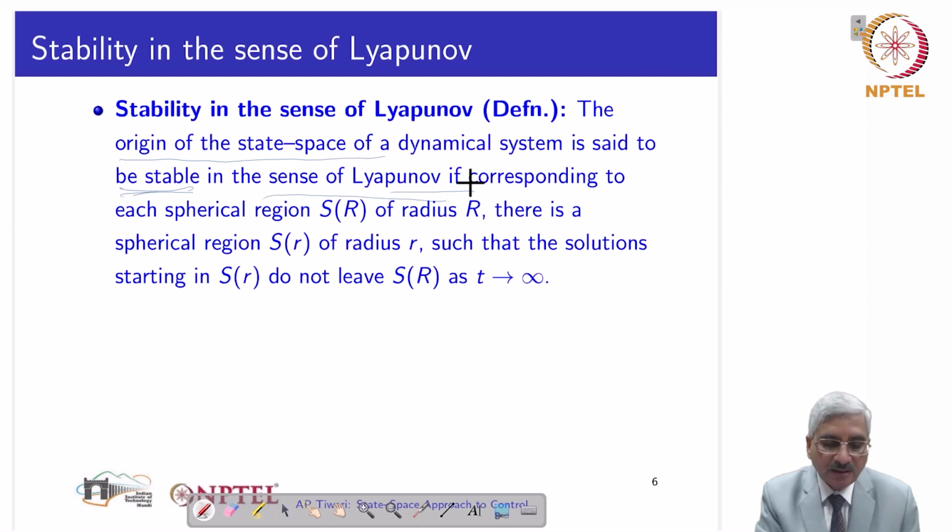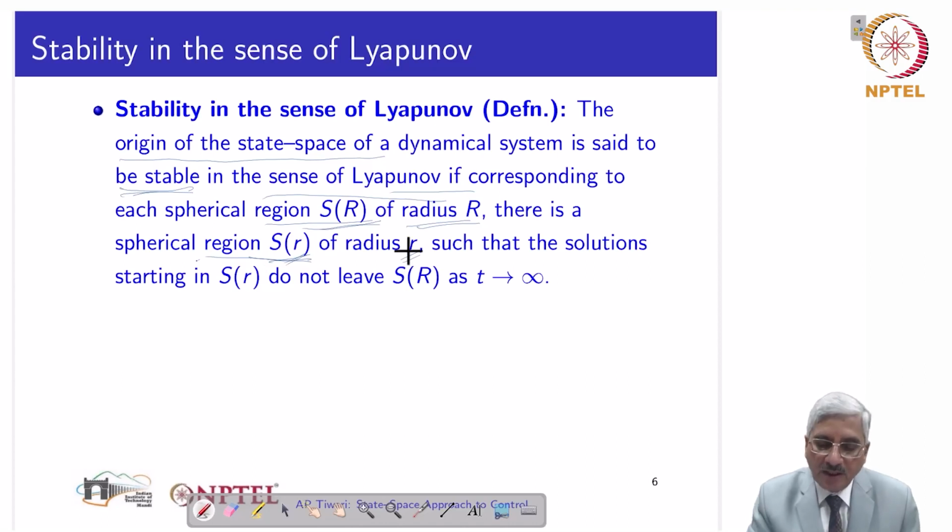We define a sphere. So we have a spherical region S(R), and we call its radius capital R, and there is another spherical region S(r), and its radius is small r.